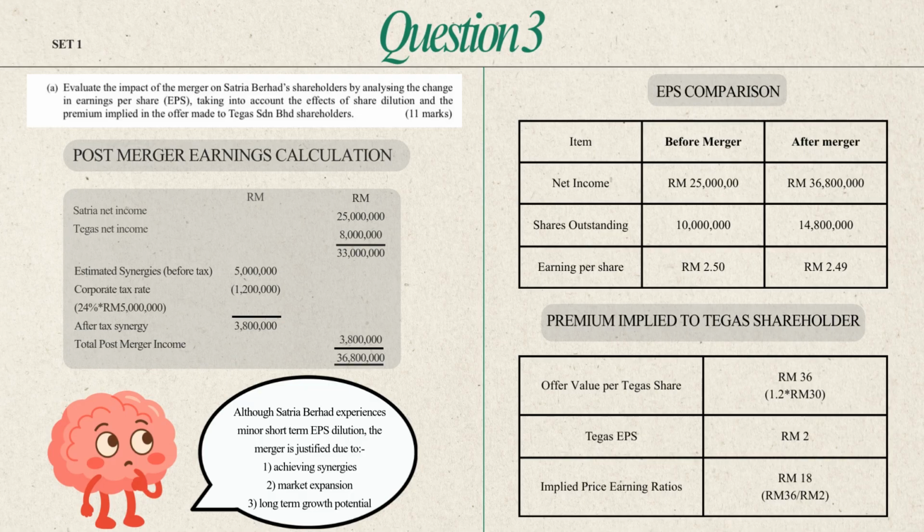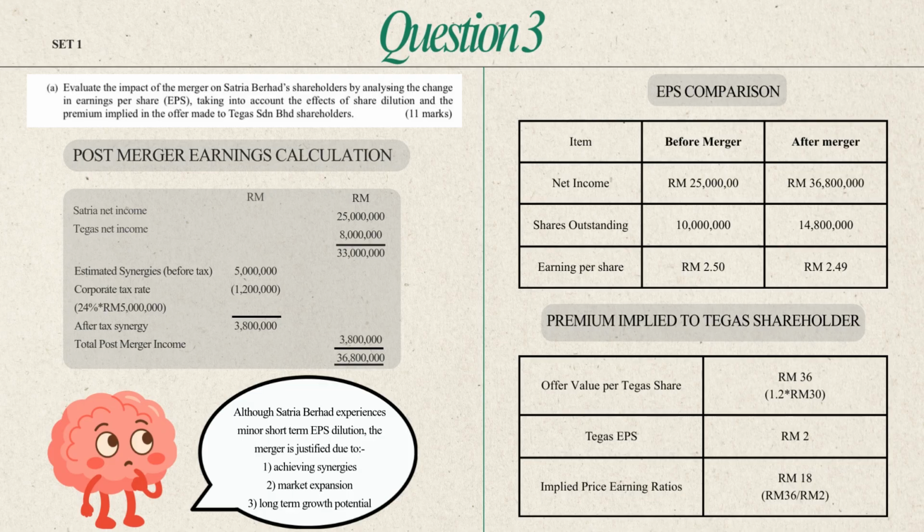Now, let's proceed to calculate the combined earnings after the merger. Satria's net income is 25 million ringgit, and Tegas's net income is 8 million ringgit. So the total of both companies is 33 million ringgit. The merger also creates an estimated synergy of 5 million ringgit per year. After deducting tax at 24%, we multiply 5 million by 24%, and we get a corporate tax amount of 1.2 million ringgit.